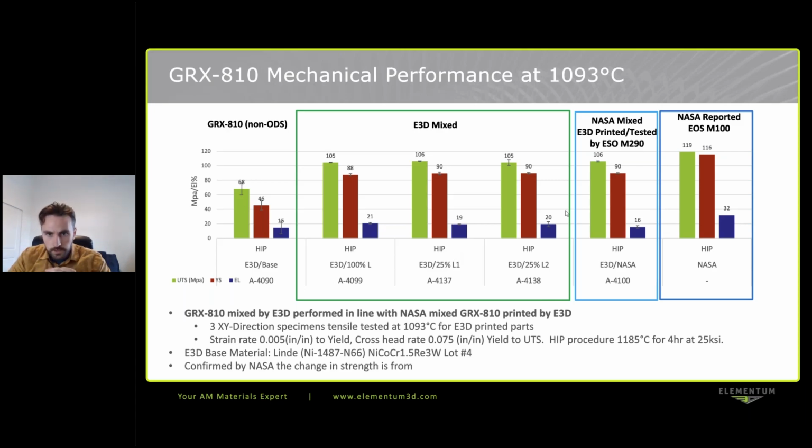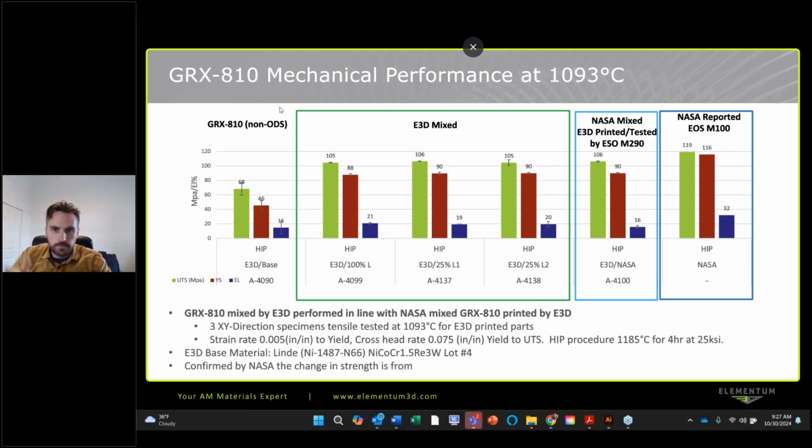When we look at the differences here, in the dark blue on the right we see NASA's results, and then what we were able to recreate with our EOS M290. We see a slight decrease in strength, but comparatively from where we started, on the left without any yttria in the system, we greatly improved the strengths, and they are very comparable to NASA's material, in the green box circled.